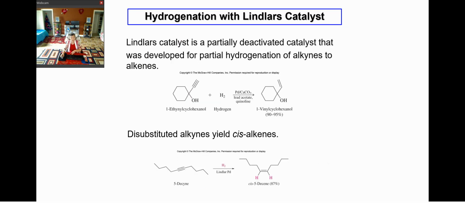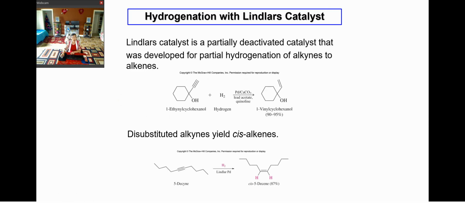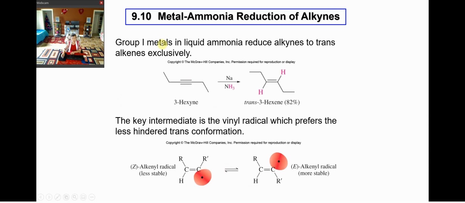So if you add 1 mole of hydrogen using Lindlar catalyst, you produce cis alkene based on syn addition. If I want to produce the trans product, how are you going to do this?